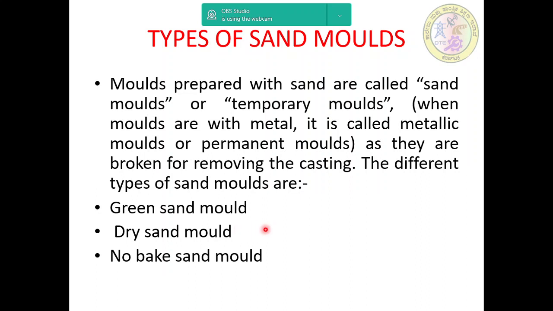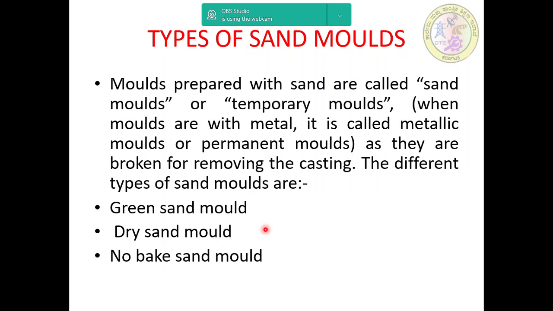Okay. And then the advantages of these dry sand molds: the molds are stronger than green sand molds, the surface finish of the castings is better, and defects related to moisture are eliminated in the dry sand mold.